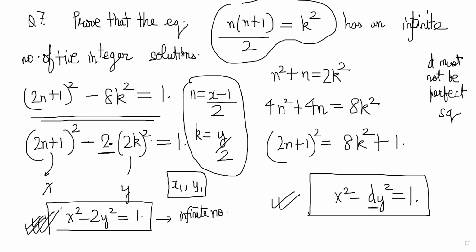Solve this standard Pell's equation, find the infinite solutions here, and then convert each solution to the corresponding n and k solution of this one, right? So the theory that we are using here is the theory of the Pell's equation and the fact that that equation admits an infinite number of solutions.